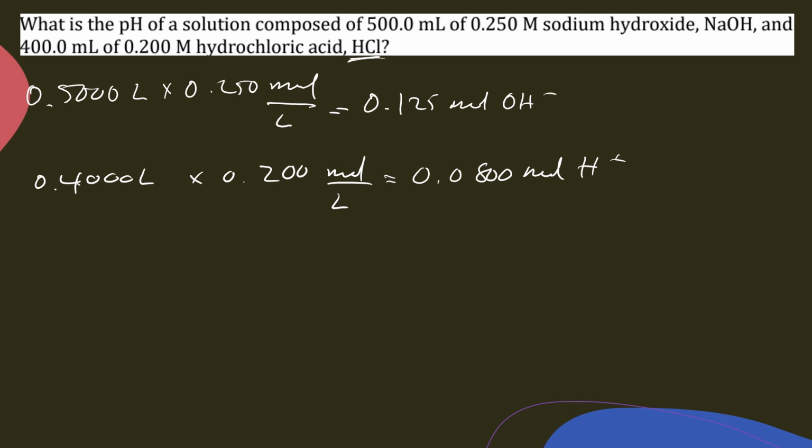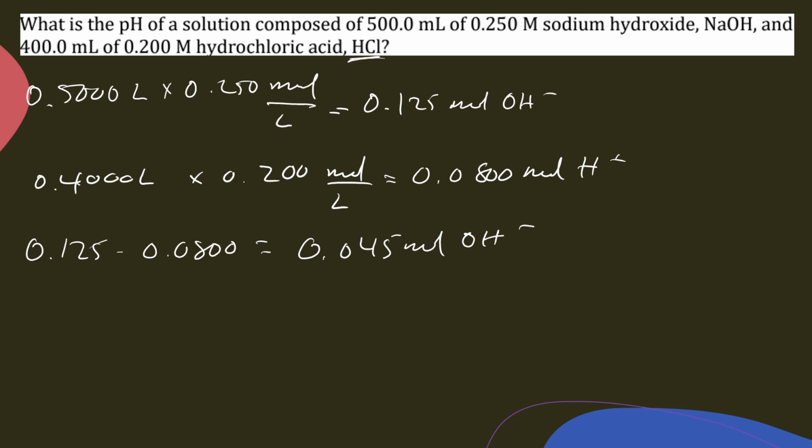So these are not equal, so then you need to subtract these two. You'll end up with 0.045 moles of hydroxide extra. This is my excess right here.